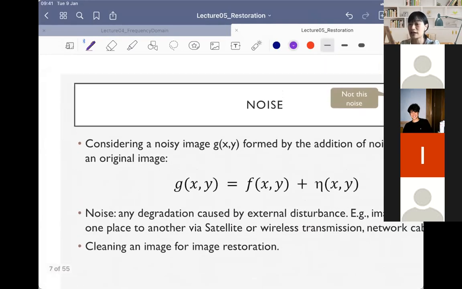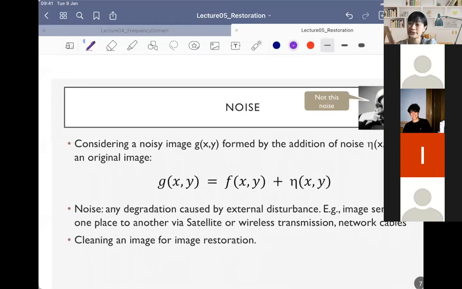Okay, so let's start with the first part. In the first part, just forget about, if you remember the model of the degraded image, there are components of the degradation that have been convolved with the original image. So just forget about the degradation function. In the first part, I will talk about noise only. So the image is affected by only the noise component.